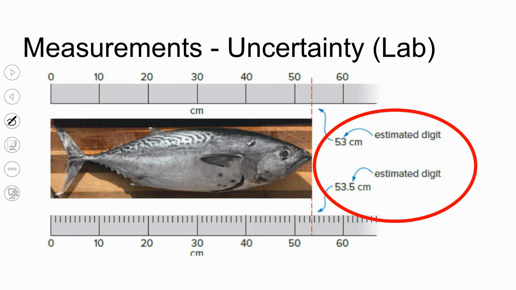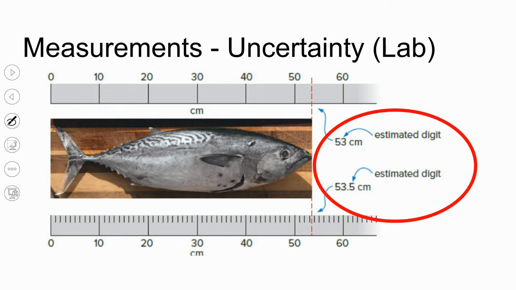When we measure with a ruler, we get one place value of uncertainty. So we can go 1 decimal beyond the ruler. Up here, when we're measuring this fish, if we have increments of 10 centimeters, and we're at 50, we're between 50 and 60, so our uncertainty is somewhere between 50 and 60.